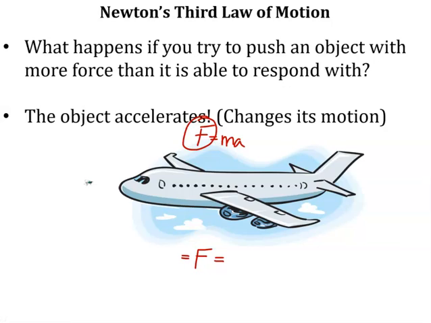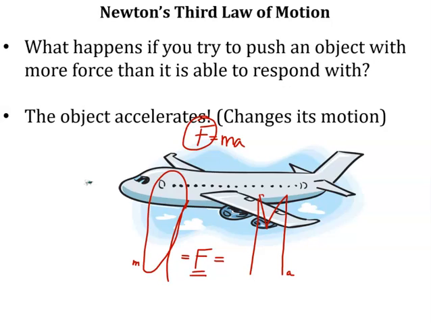Well, think about the mass of these two objects. The fly has a really, really small mass. The airplane has a really, really big mass. So to keep them the same, so that the force is equal, what's the acceleration going to be like for the fly? It's going to be really, really big. What's the acceleration going to be like for the airplane? Very, very small.